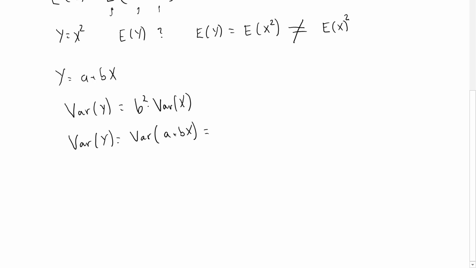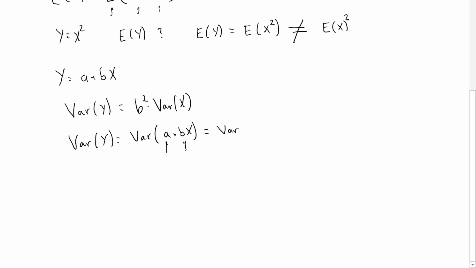We say that we can take the variance inside, and so we look at the variance of this one first. The variance of a constant is 0, as we talked about in the variance section, so we'll have 0 from that one. The variance of b times x, this is where you need to remember one thing, and that is whenever you take a variance of a constant times a random variable, the constant can go outside.